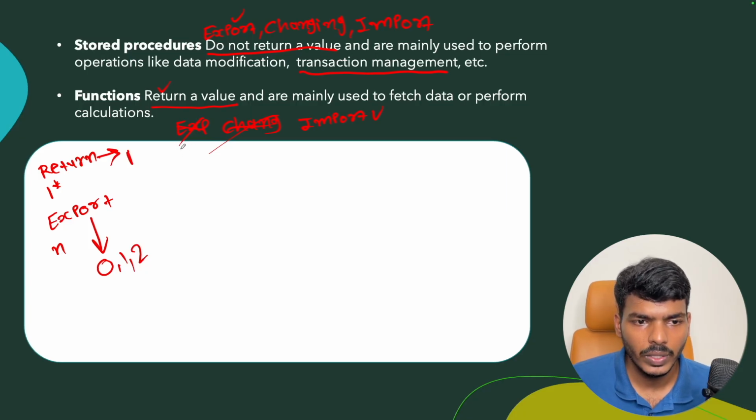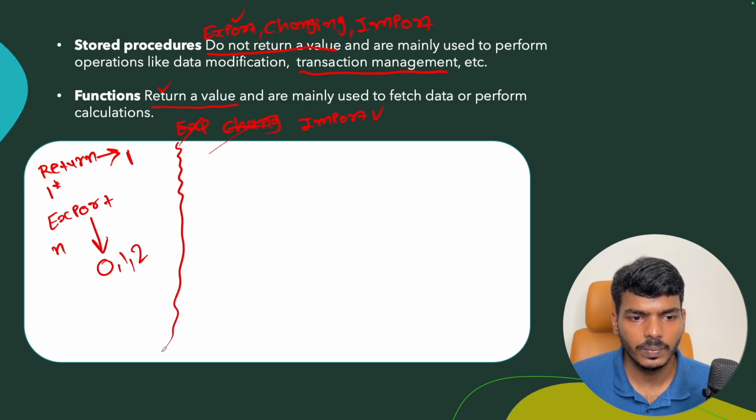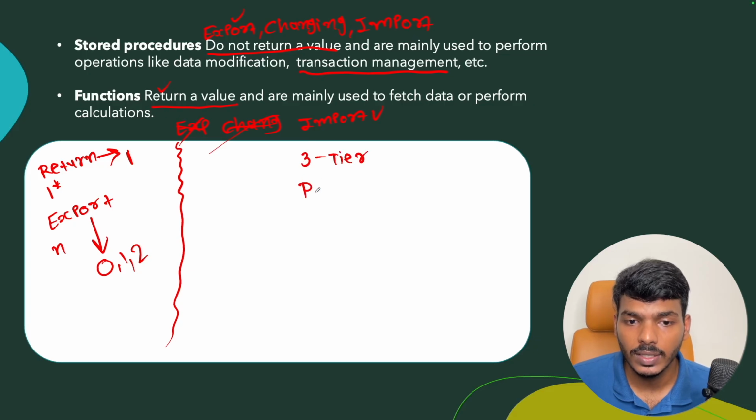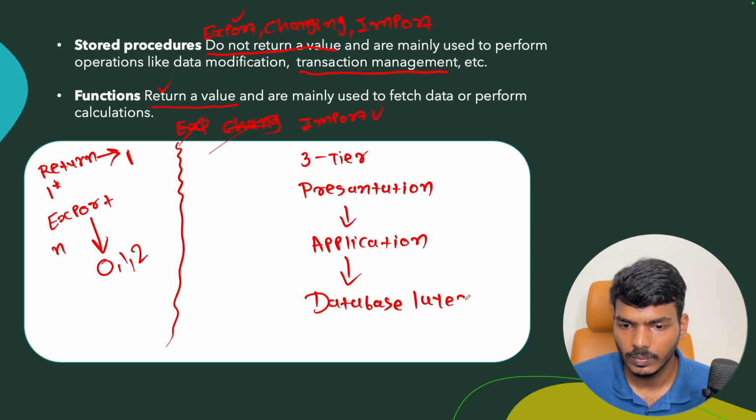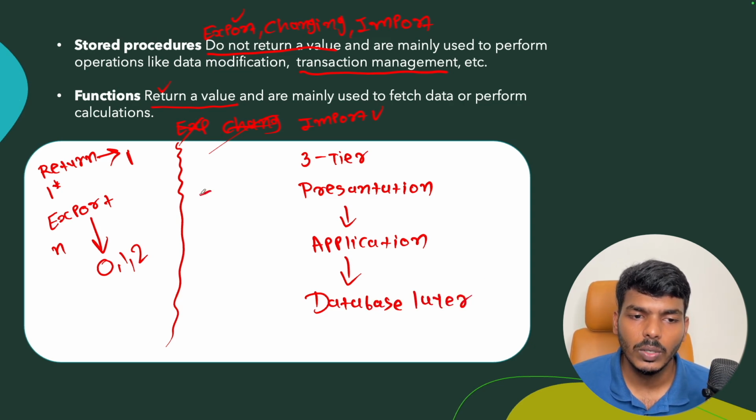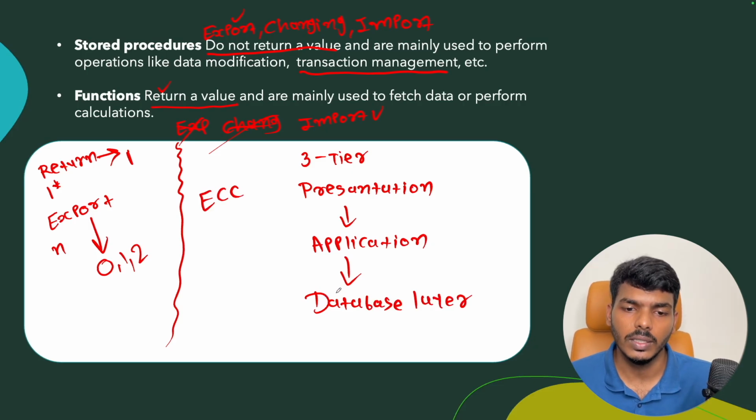Now we will dive deeper into the implementation of AMDP. If you are aware, SAP uses a 3-tier architecture. What are they? We have the presentation layer, then we have the application layer where our ABAP code executes, then we have the database layer. ECC works with multiple databases.